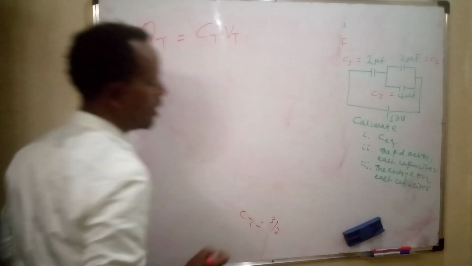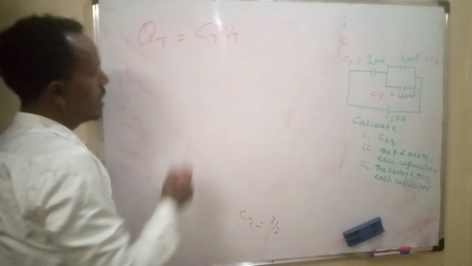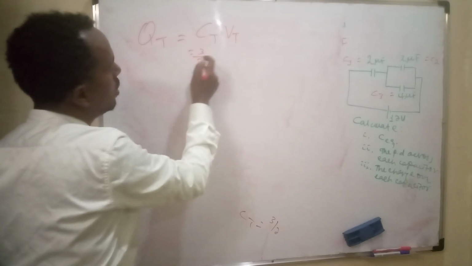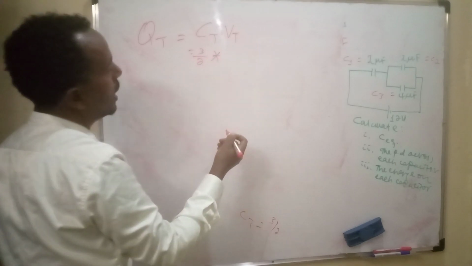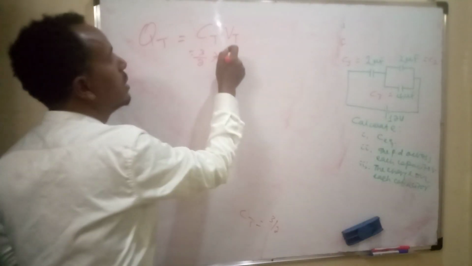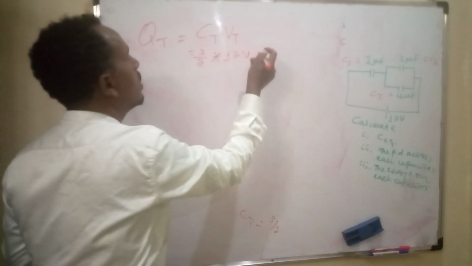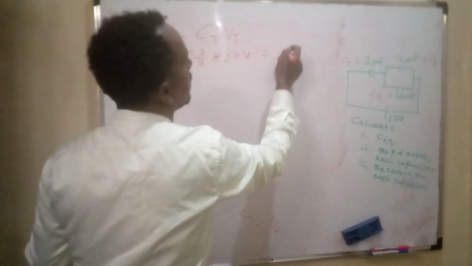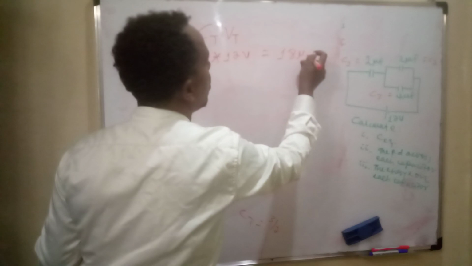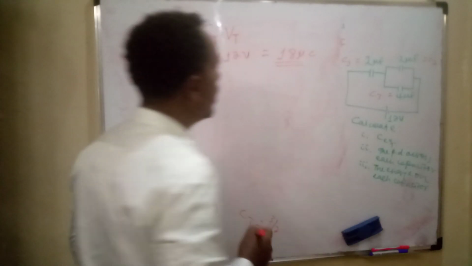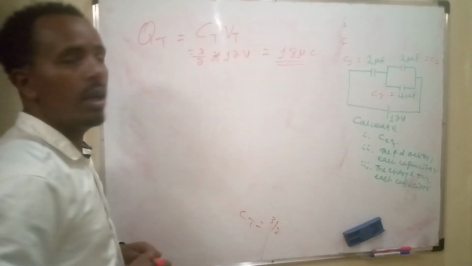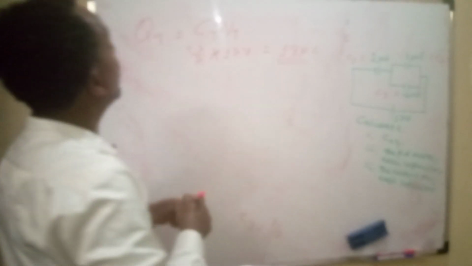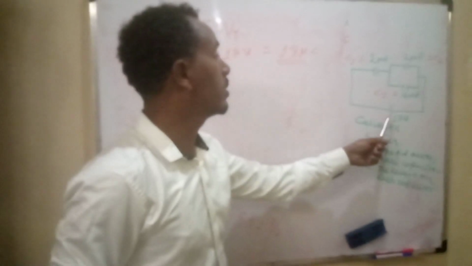Therefore, 3 over 2 times the total voltage, 12 volt, which is equal to 18 microcoulomb. Coulomb is the SI unit of charge. Now, this is the total charge delivered to the circuit.